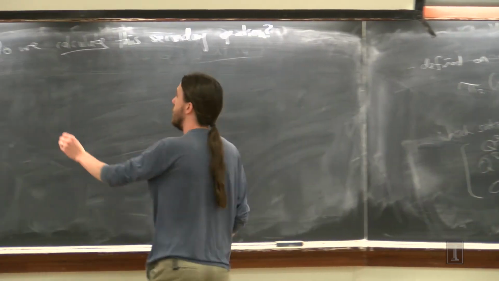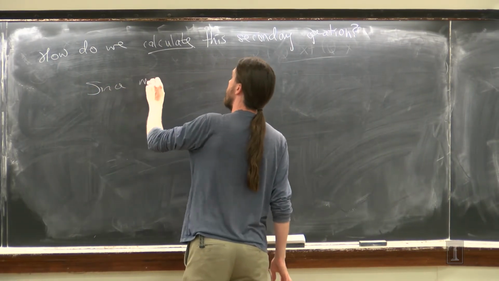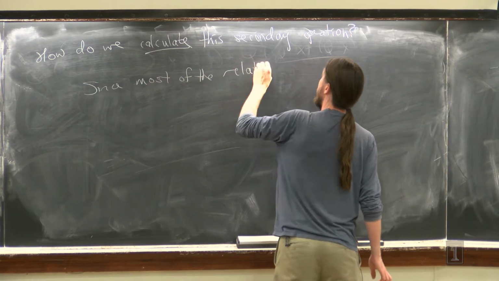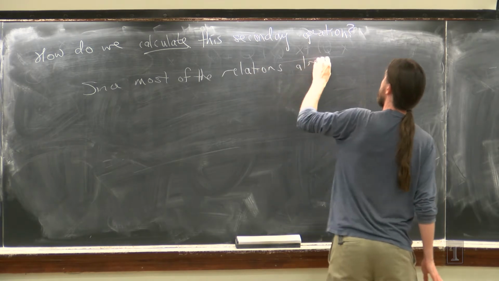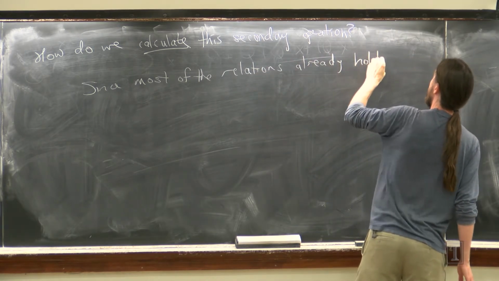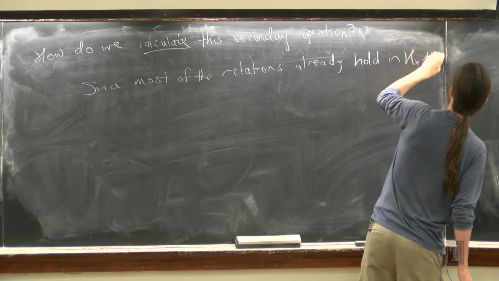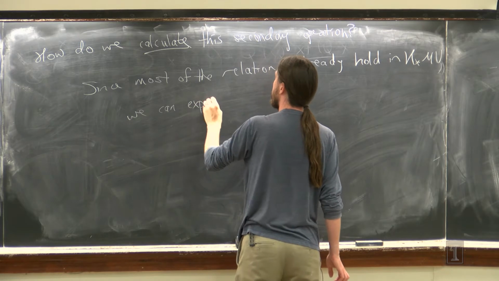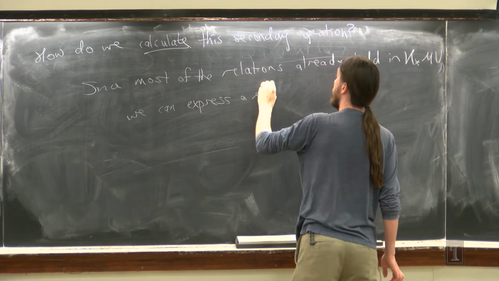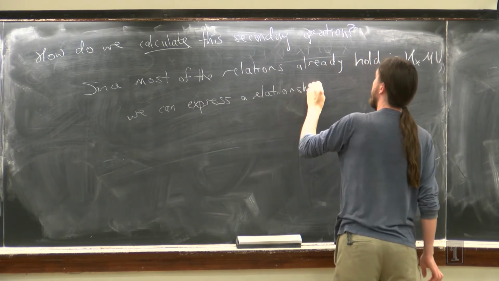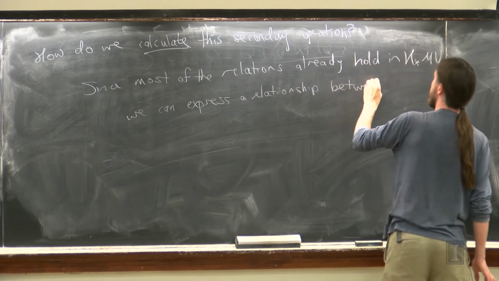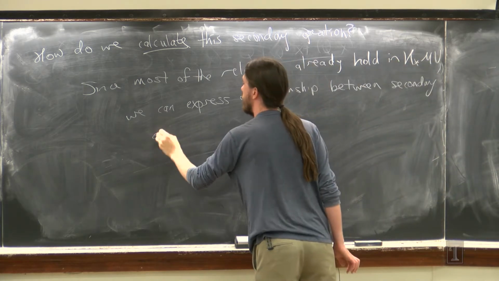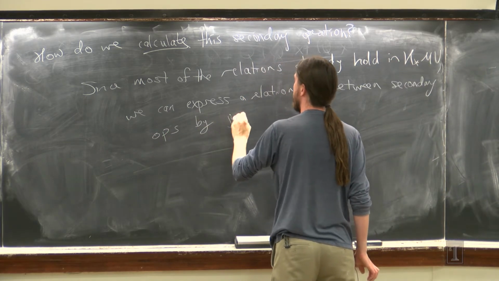So since most of the relations already hold in the homology of mu, what we can do is express a relationship between secondary operations by juggling.